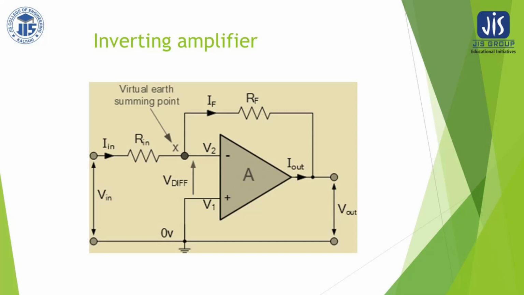So it is 0 minus VI. So from this KCL, what we can write, V0 by Vi is equal to RF by R1 with negative sign.